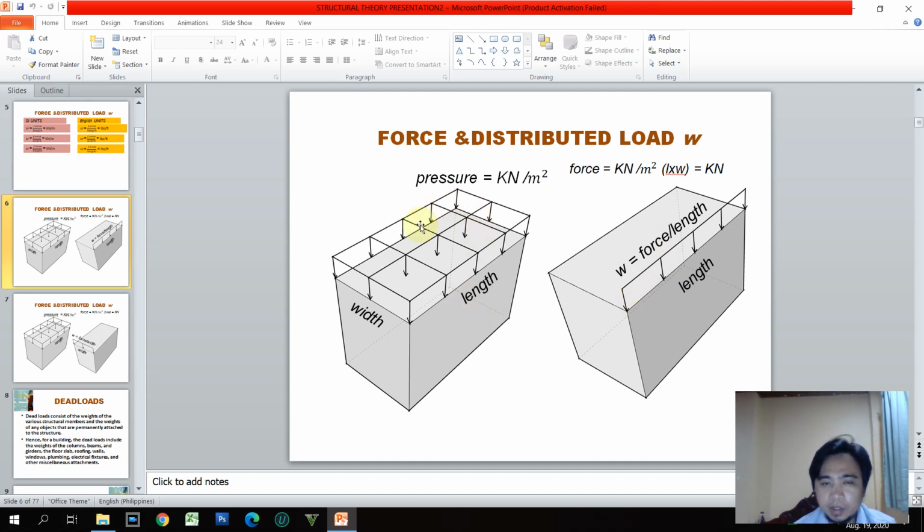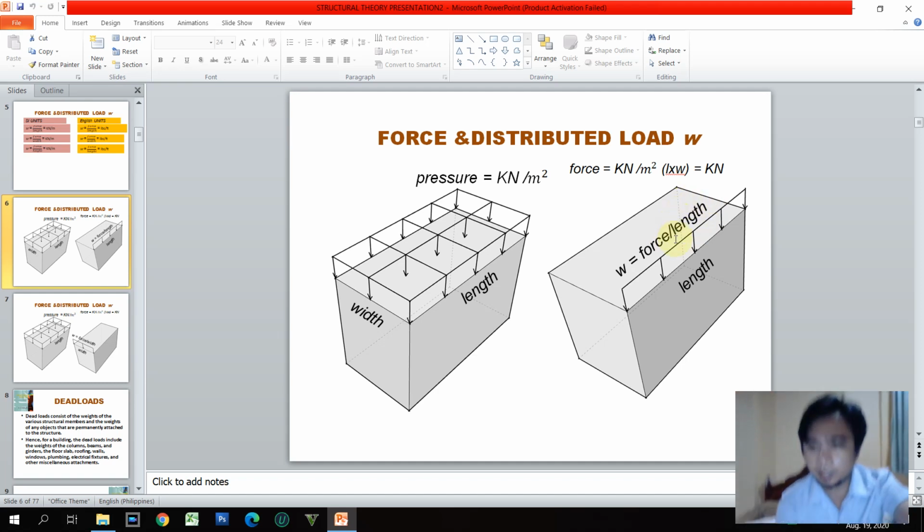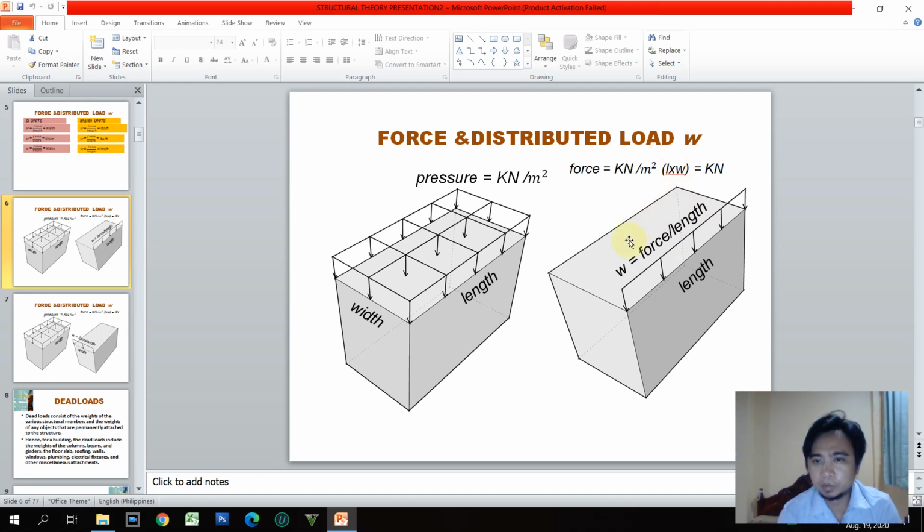So meaning this whole pressure here is being distributed through the length. That is why the divider here is length. But to have a detail on the area, I'm just presenting it in terms of length times width to show that that is the procedure. However, as I have said, a portion of the area is distributed along the side, not the total area. So later on we will discover that one.